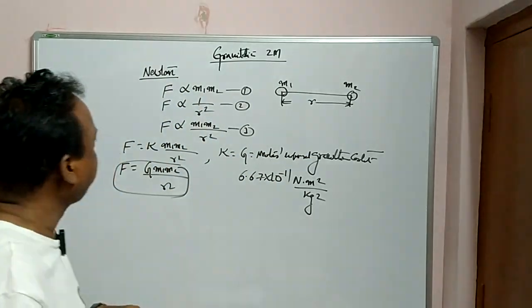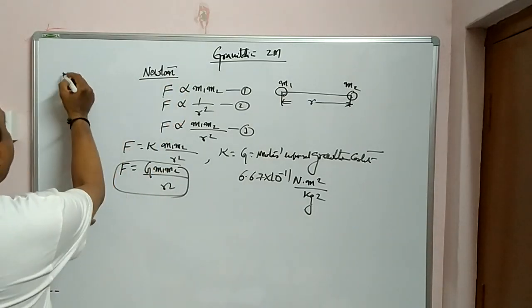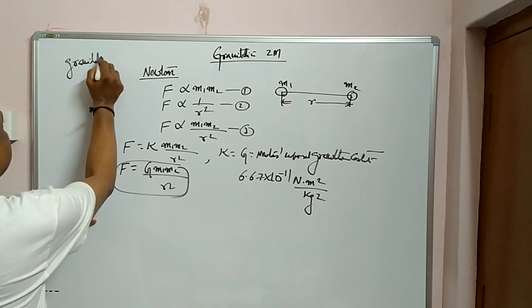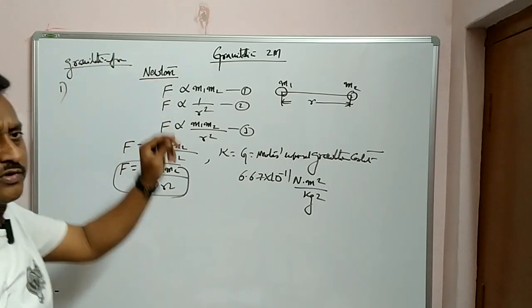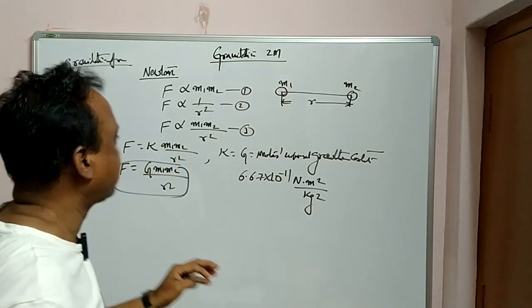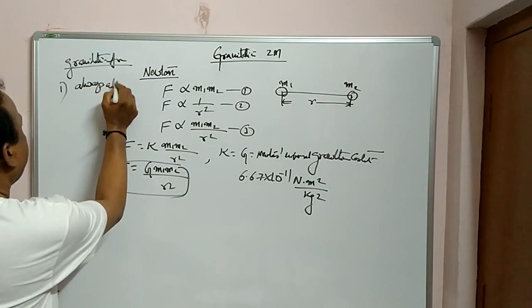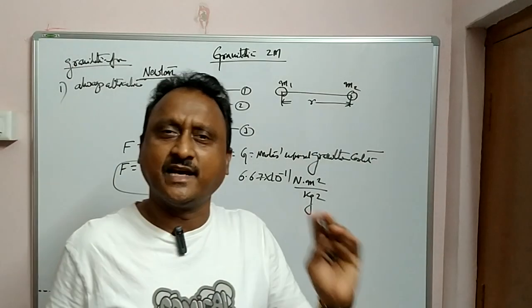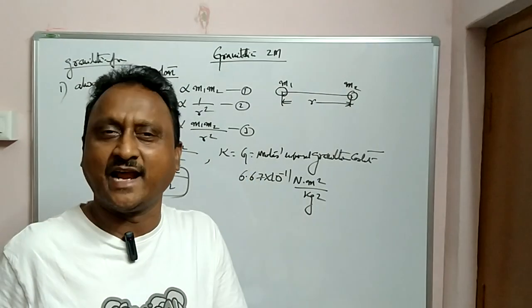Now what are the things given by Newton regarding this force of attraction? Gravitational force according to Newton is always an attractive force. Because in electrostatics in second year we have Coulomb's laws, which are repulsive as well as attractive.